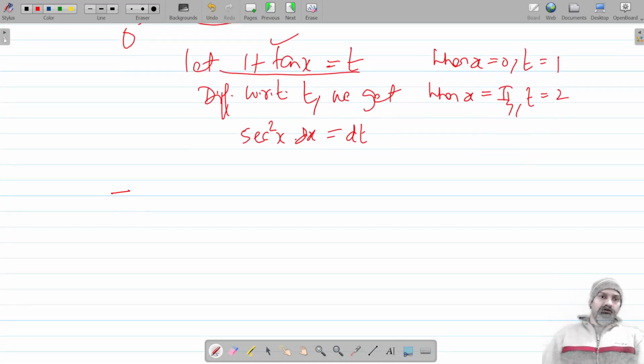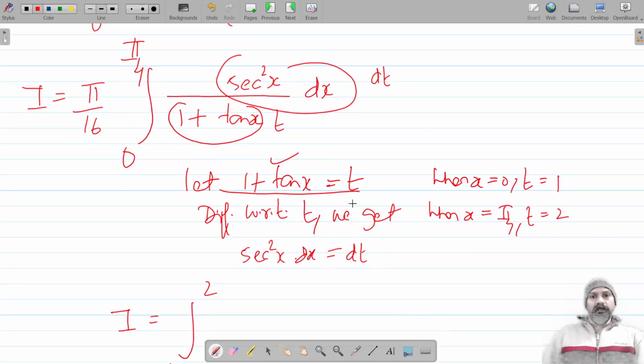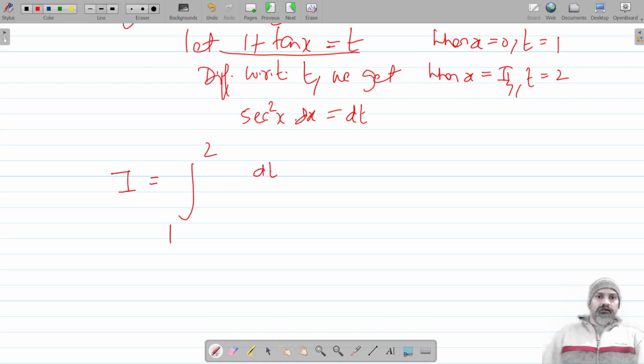Finally, our new limits are 1 to 2. Secant square x dx is dt, the denominator is t, so this is 1 by t, and the integral of this is log t from 1 to 2.